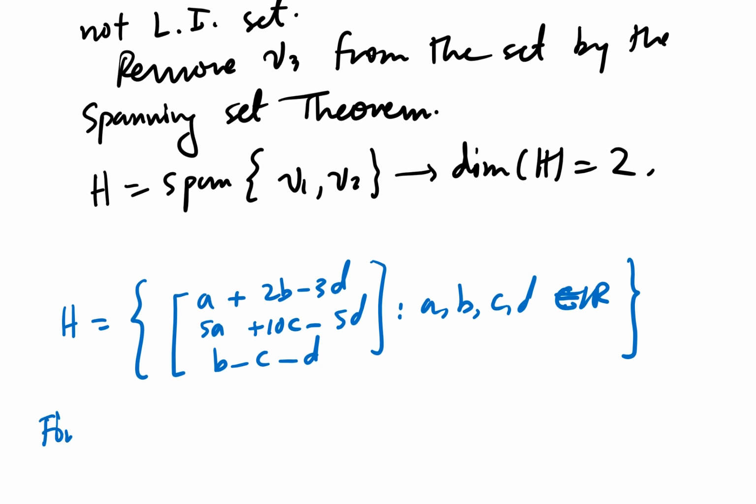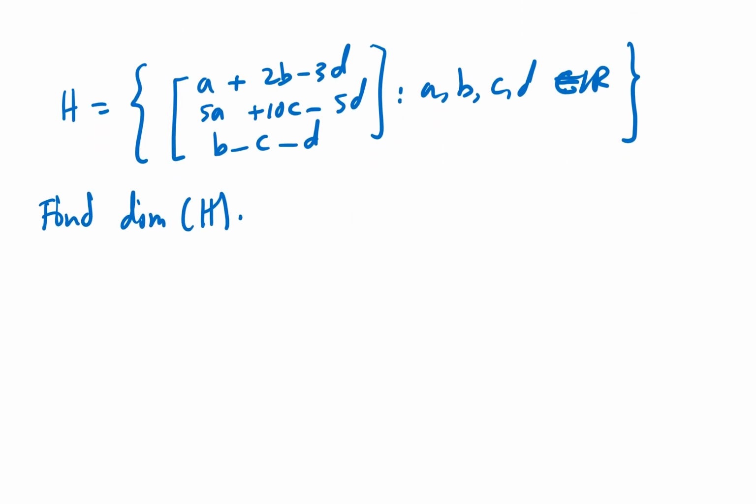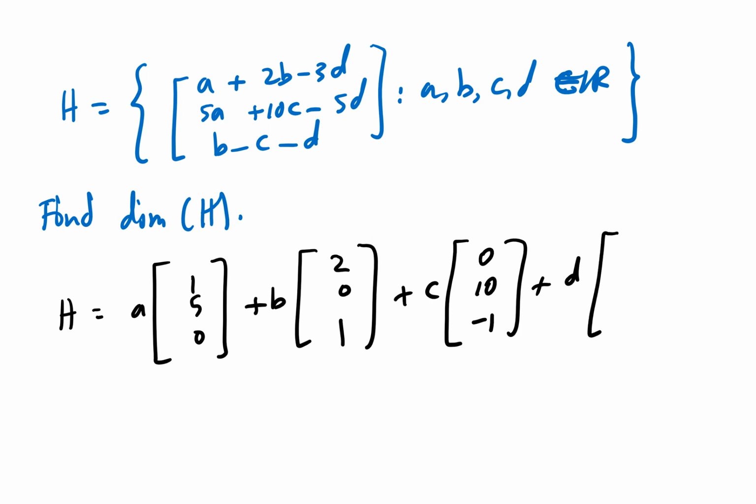Find the dimension of H of this subspace. So what do we do here? Of course, you can factor A out and you get 1, 5, 0, plus B times 2, 0, 1, then C times 0, 10, -1, and D times -3, -5, -1.